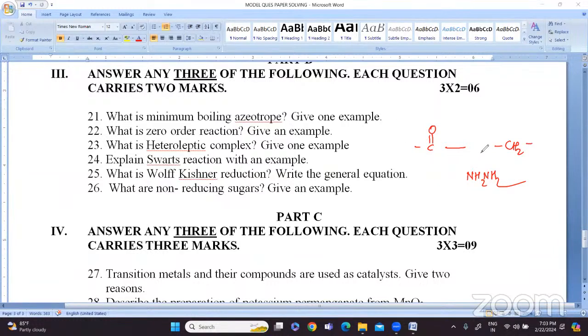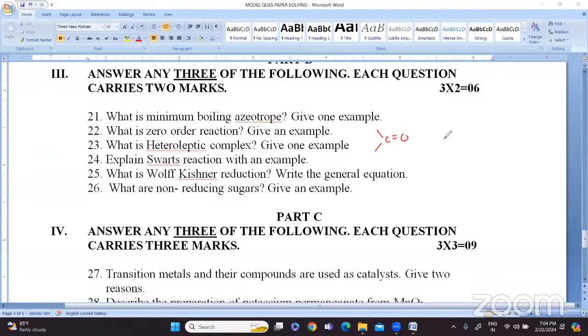We make use of hydrazine, and it is heated with KOH, potassium hydroxide, a strong base, in ethylene glycol. So I'll write down the reaction.